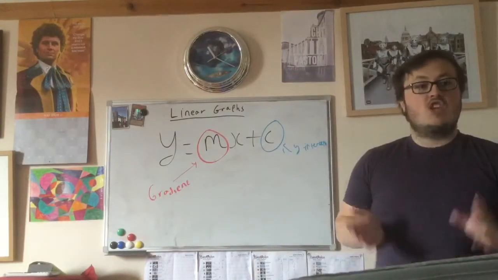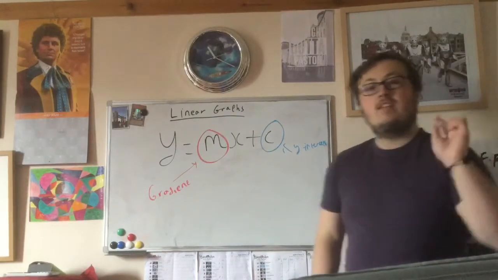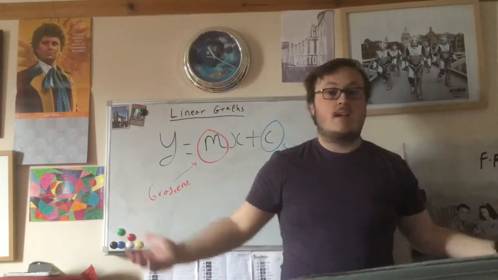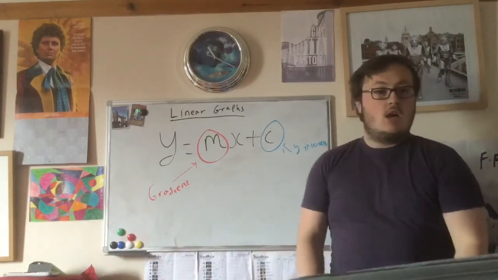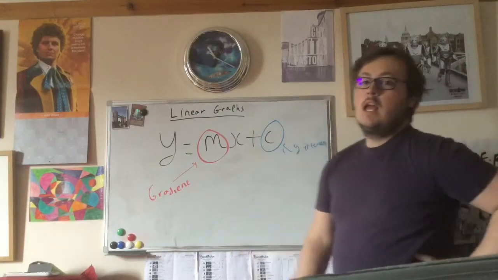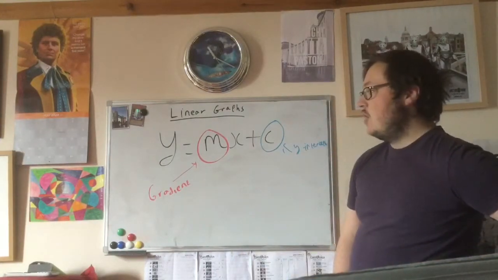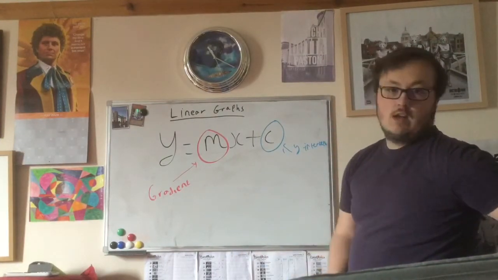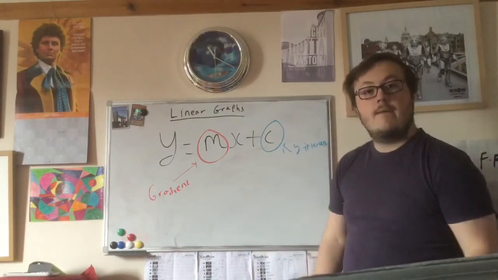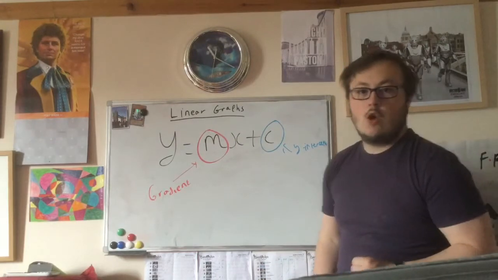Because linear graphs go on forever, they always have to go through a y-intercept. They always have to. Because if they don't, they're not linear, if that makes sense. So what we're going to do today is I'm going to show you various examples of linear graphs, and I'm going to show you how to find the gradient and the y-intercept from them. Let's get on with it.